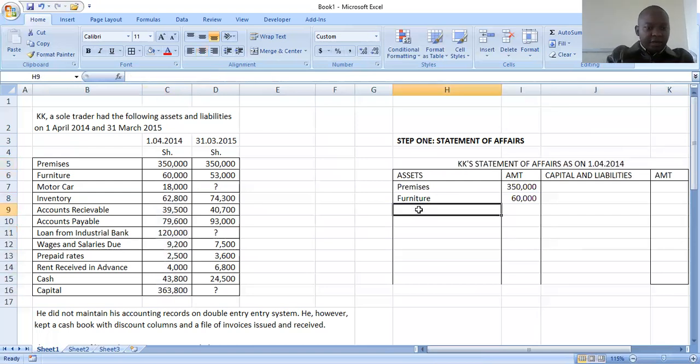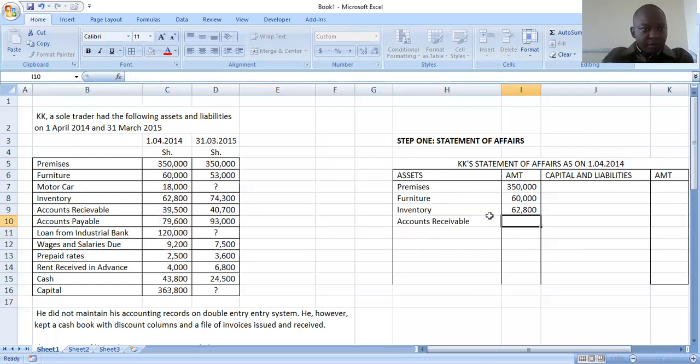Then we have inventory, its amount is 62,800. Then we have accounts receivable, whose amount is 39,500 as at 1st April 2014.